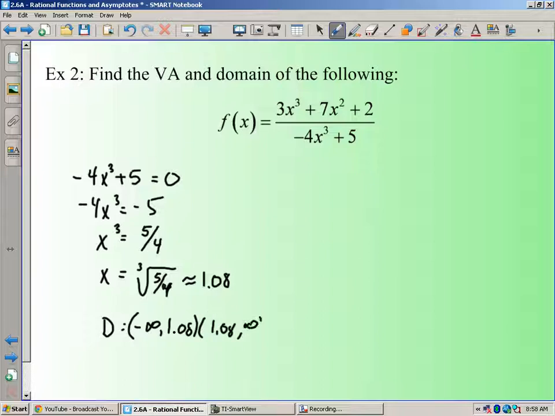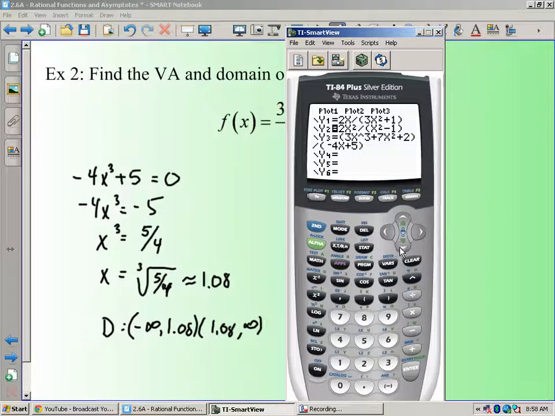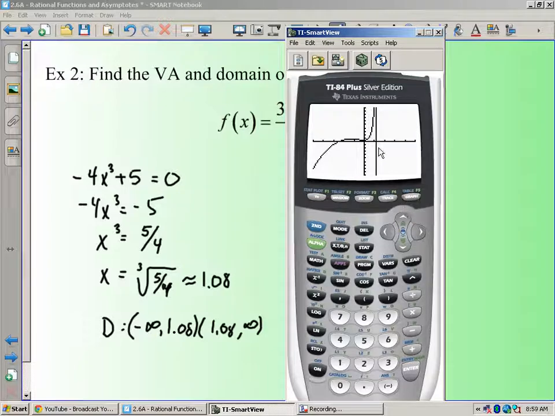I could come up with a sketch of the graph, just to kind of see what it looks like. We'll make a quick little sketch of it. Let's see if this will do it for us. And so you should be able to see at approximately, let's see, I'm going to reset my window.